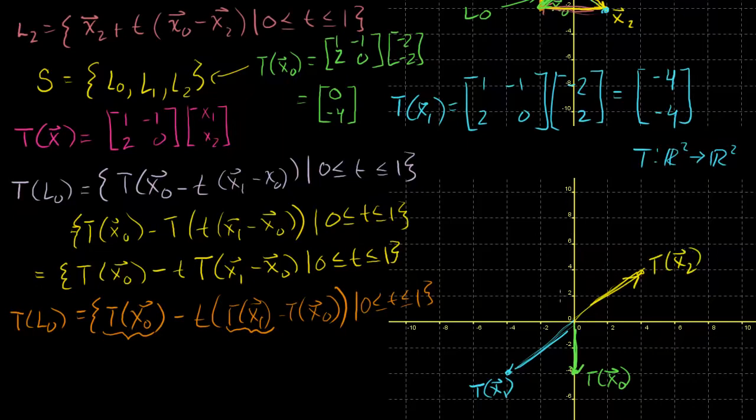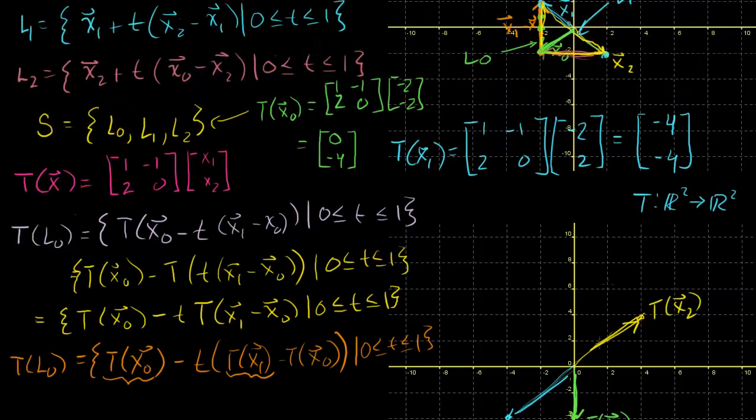And so we are able to take the transformation of each of these points of this triangle. But who knows what the transformation does to everything in between, the actual sides of the triangle. But we're able to do a little math.